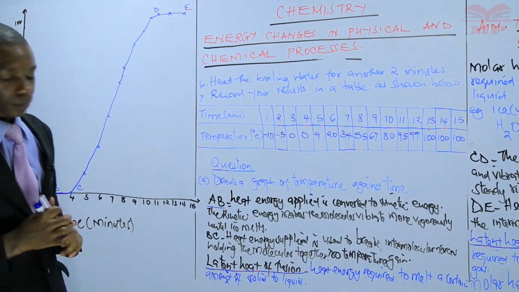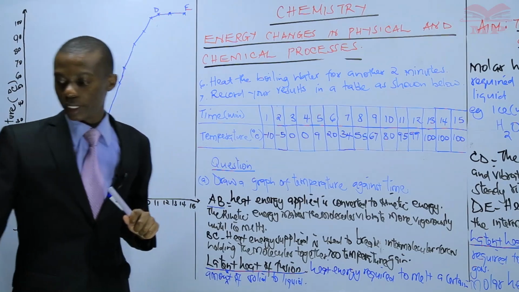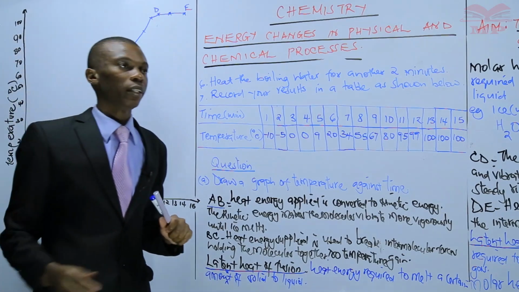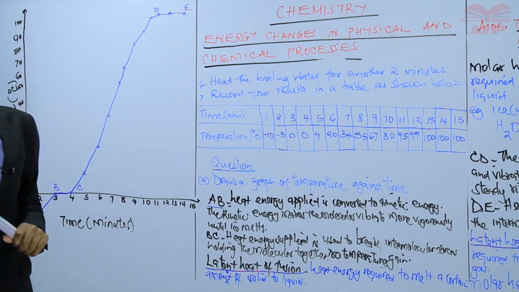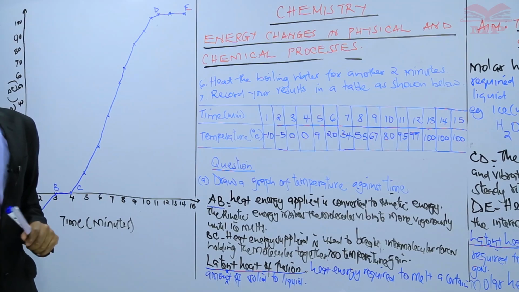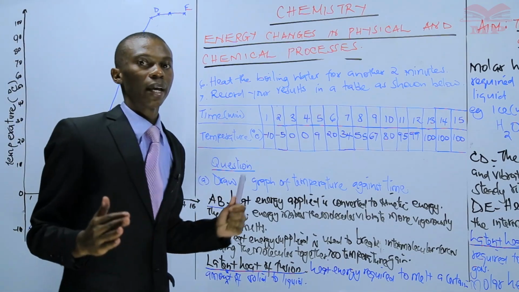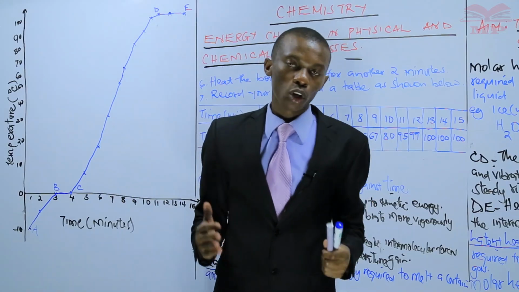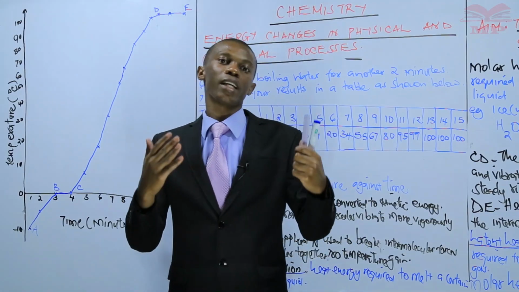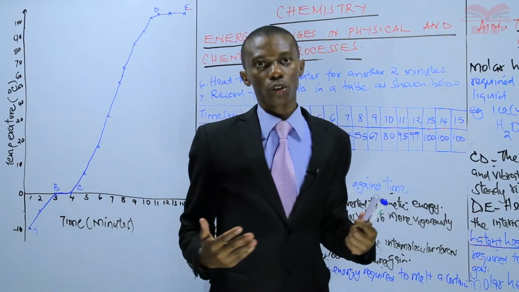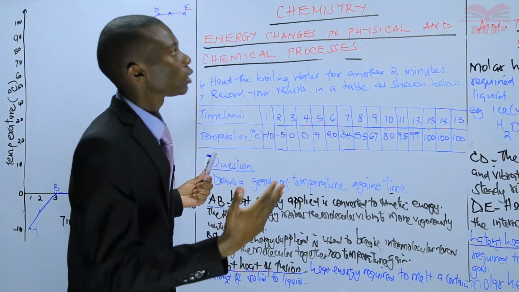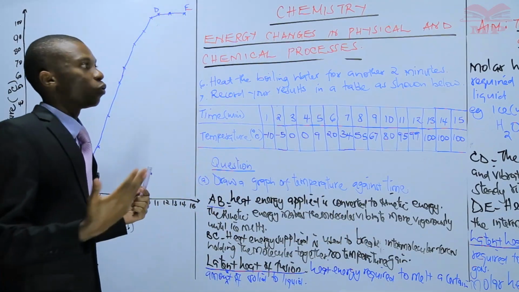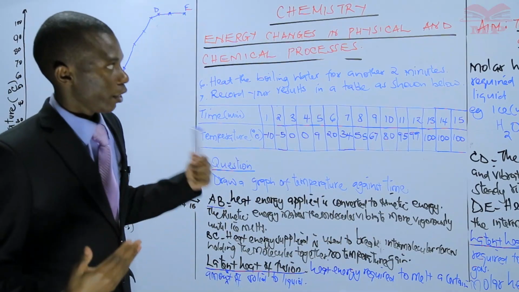x-axis. The next thing we are going to discuss will be bond breaking and bond formation in chemical processes, because this is a physical process. Boiling of water and melting of water is a physical process, as you said.